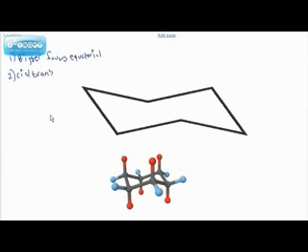So if I were to tell you that I want you to tell me what a molecule named, I don't know, let's do trans 1-butyl-3-methylcyclohexane looks like.